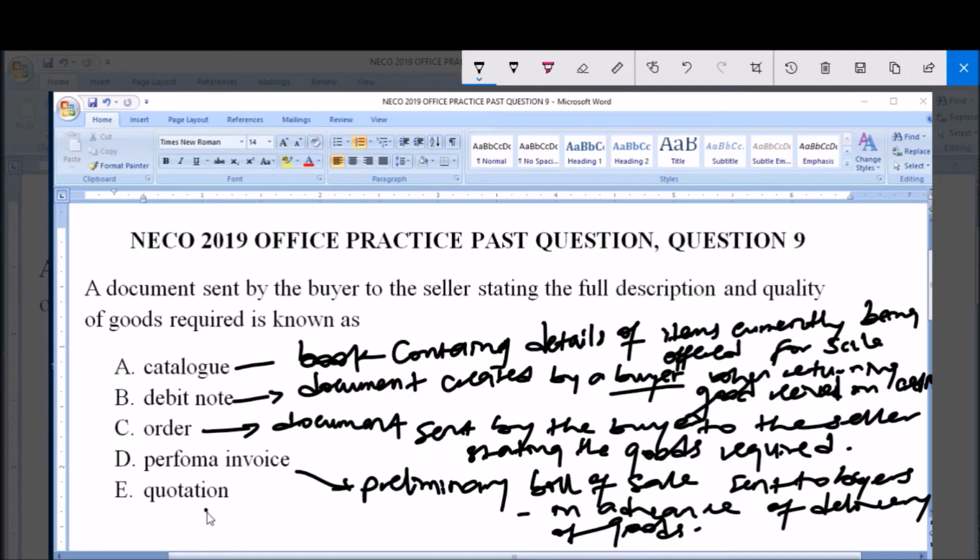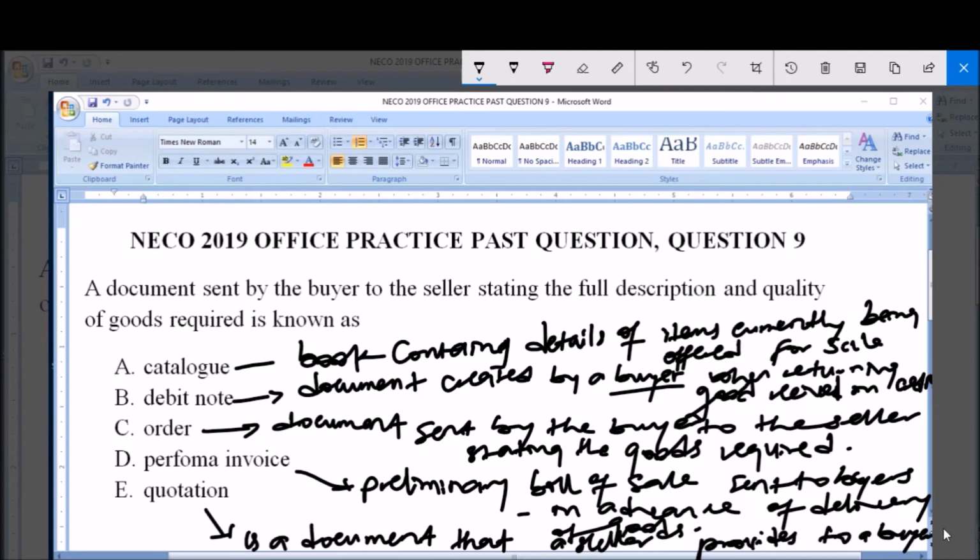Now E here says quotation. Now quotation is a document that a seller provides to a buyer to offer goods or services at a staked price.